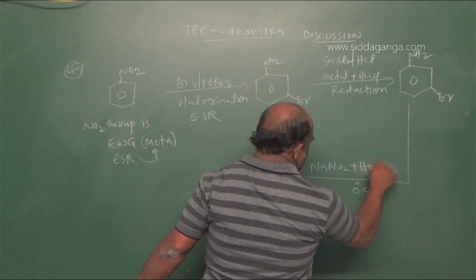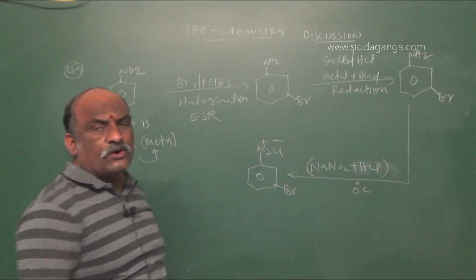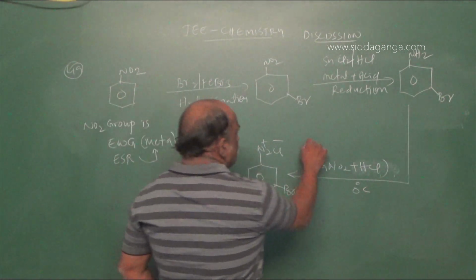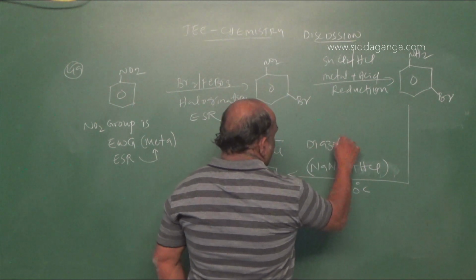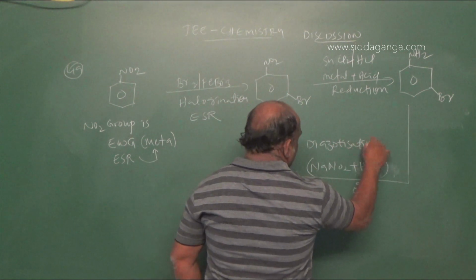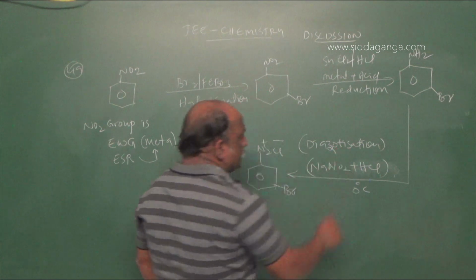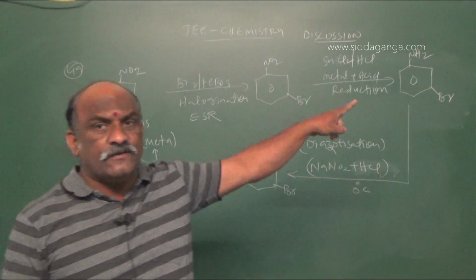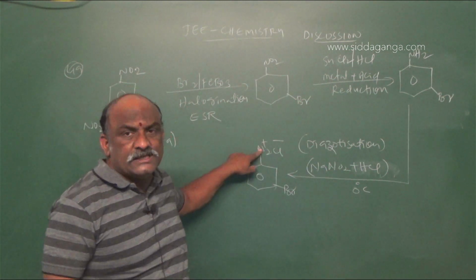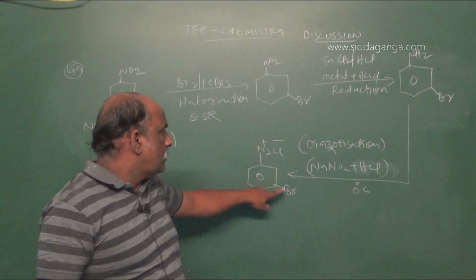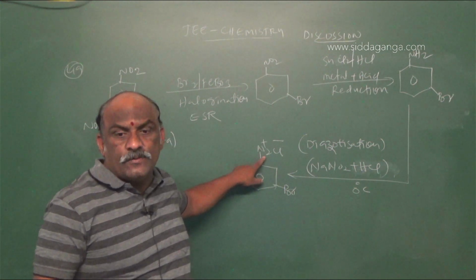NaNO2 plus HCl reaction takes place at 0 to 5 degrees centigrade. On diazotization, the amine group is converted to N2+Cl-. This is 3-bromobenzene diazonium chloride.